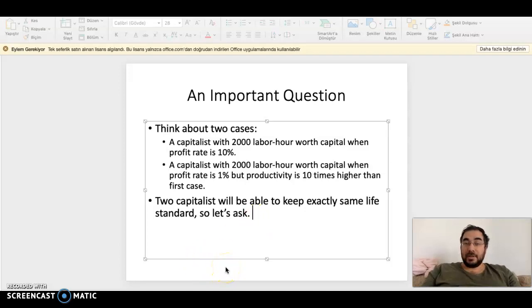And if the average profit rate is 1%, there is a danger that in successive periods it might fall below zero, and a below-zero profit rate is certainly not preferable. It means the capitalists are not earning anything.